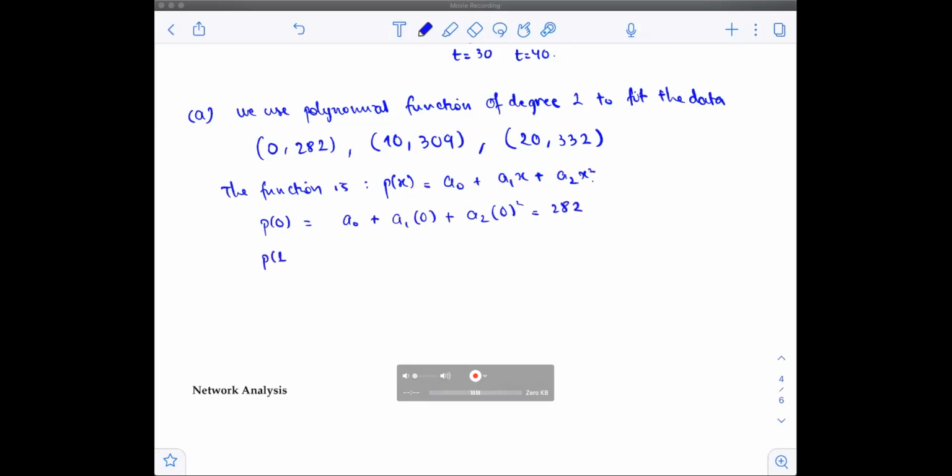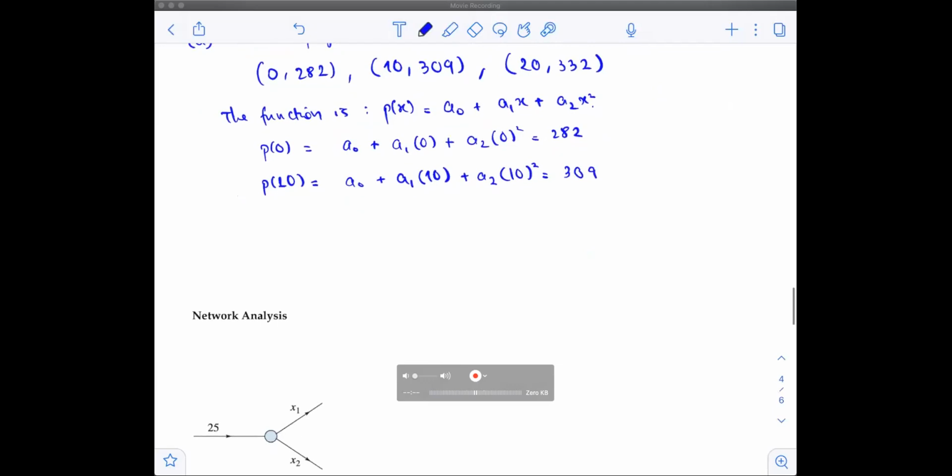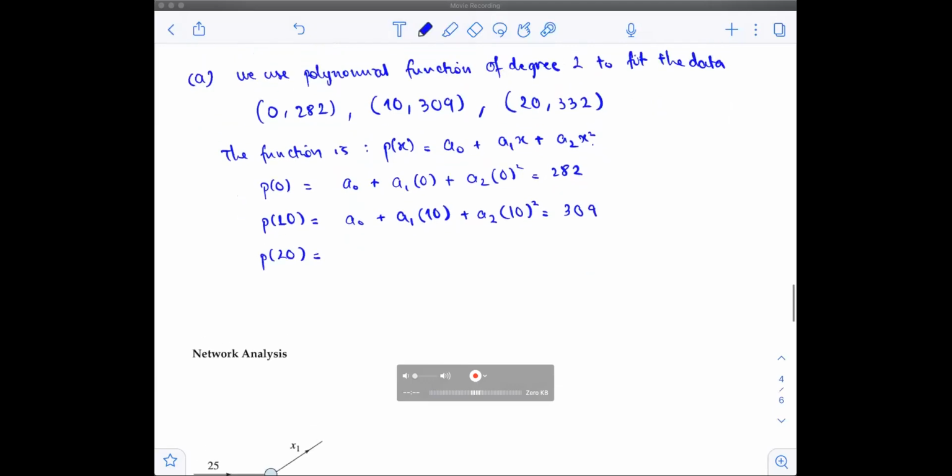The second equation is a0 plus a1 times 10 plus a2 times 10 squared equal to 309. And P of 20 gives a0 plus a1 times 20 plus a2 times 20 squared equal to 332. So that's the system of 3 unknowns and 3 linear equations.